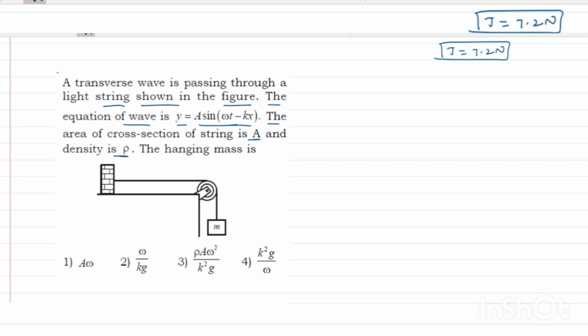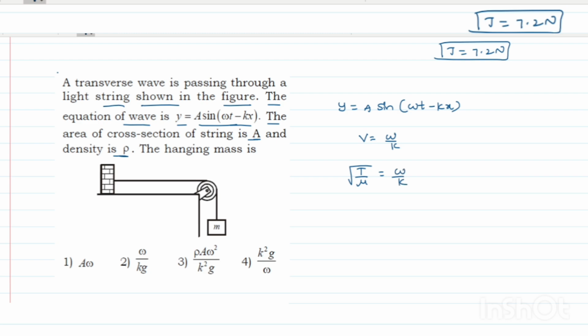Here y equals a sin(omega t minus kx). The velocity of the wave is omega by k. The velocity of the transverse wave is also v equals root over T by mu, which equals omega by k.